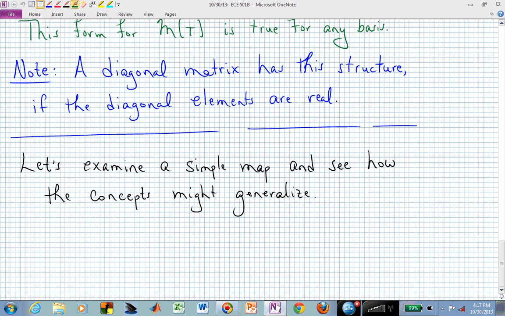What we want to do now is look at a simple example. So I'll write this down and then try to show it symbolically.